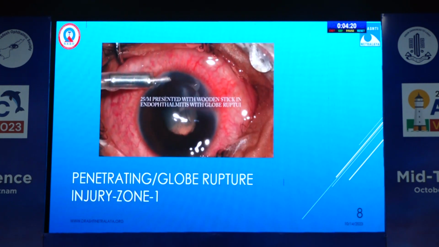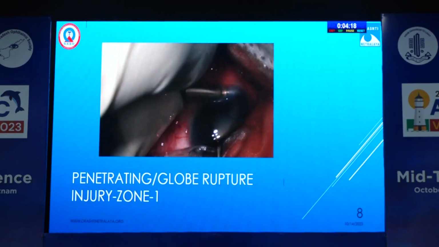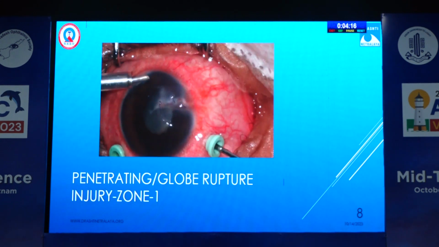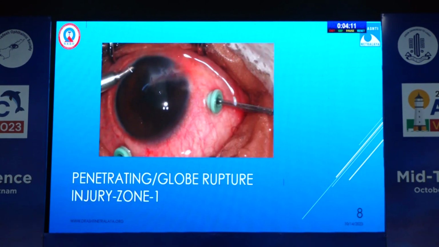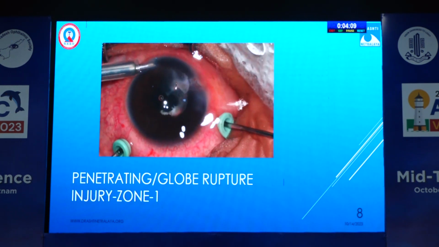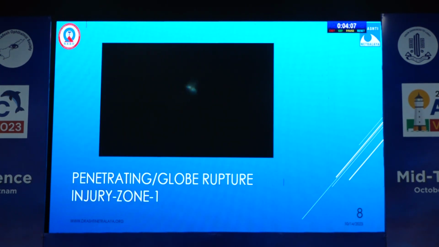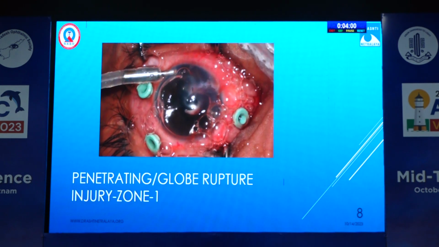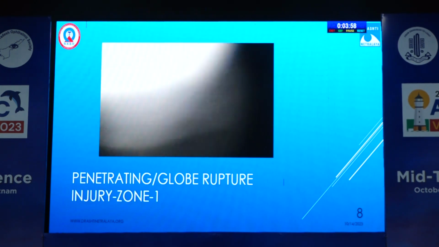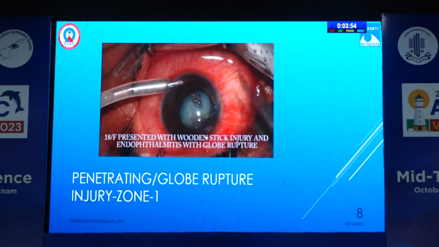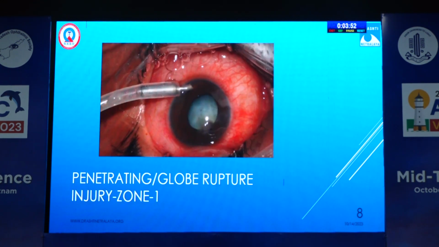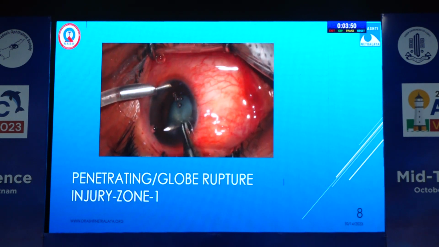And this is a case which had a globe rupture, and the anterior chamber maintainer was a very useful tool to tackle this, because we are not sure about the position of the deep infusion cannula. So with these patients, if they are responding to antibiotics and inflammation, we initially started with the AC maintainer, and later on the infusion cannula was secured.